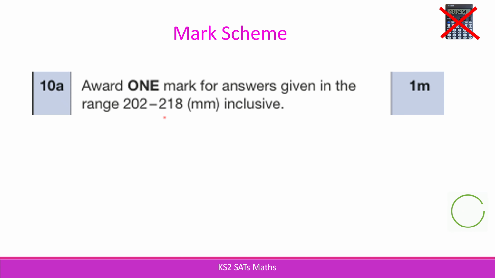You can see the answer I've just looked at is way bigger than that, just because the scale that I've used is not actually to scale. So don't worry, as long as you know the method, and if you're doing it exactly on the exam and you got an answer between these two, you would be marked correct. It's not an exact answer. Anything in the range between 202 and 218 would be correct.